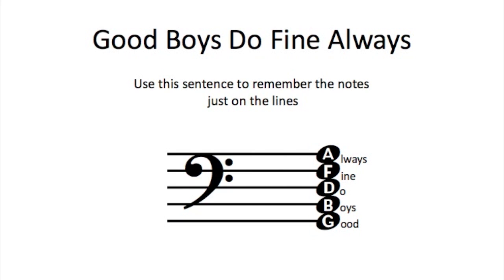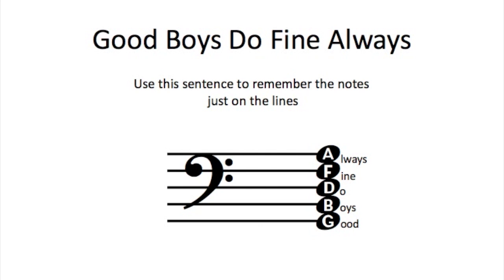That will make the bottom line the letter G. Then we'll continue through the musical alphabet, every other letter, G, B, D, F, A.